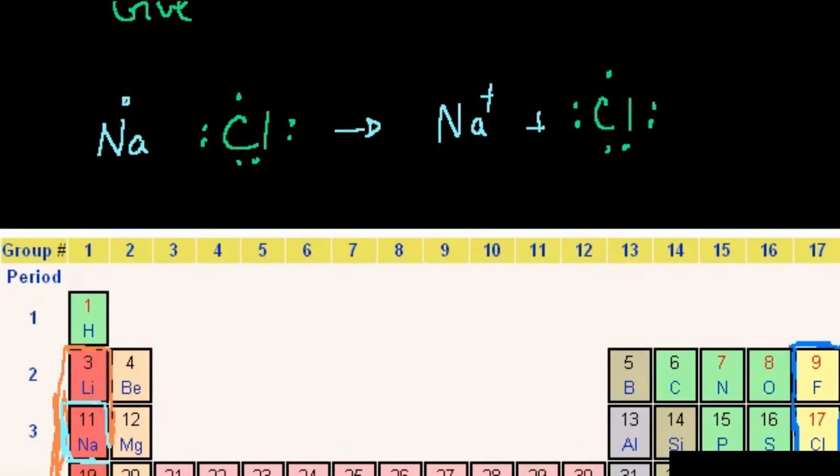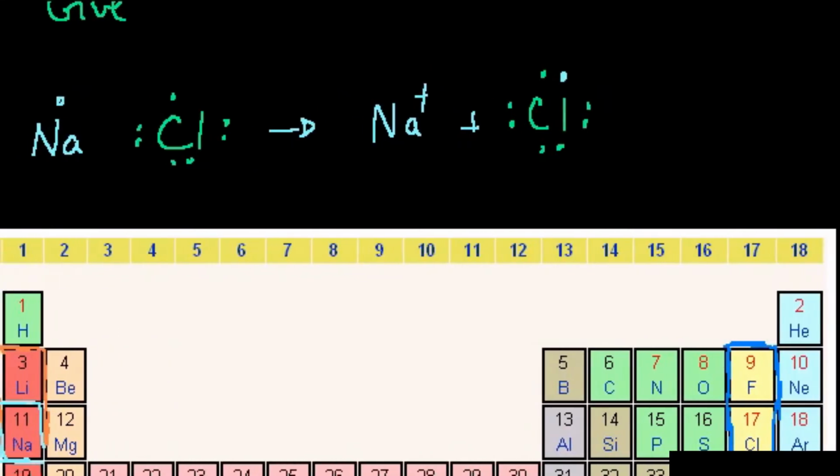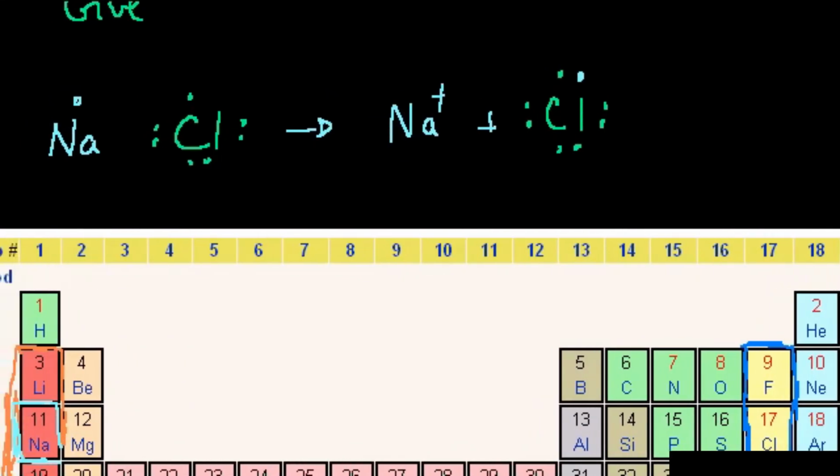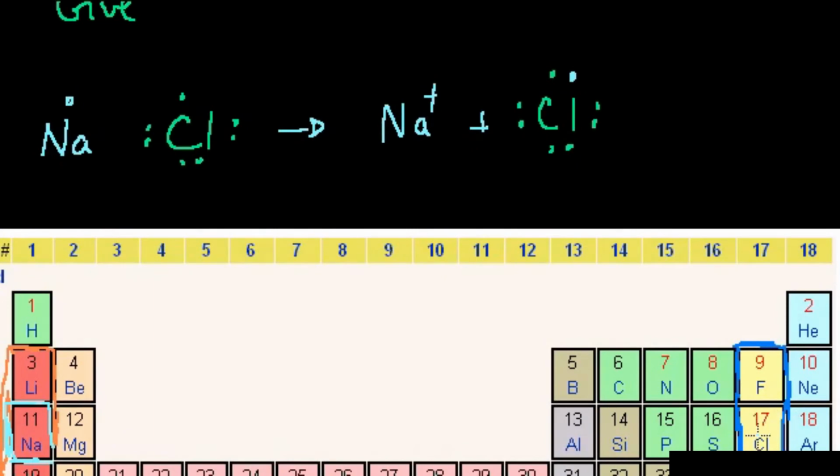That electron had jumped onto the chlorine. So now it's happy. It looks a lot like argon now. It has a completely filled valence shell. And what's the charge now? Well, it has 1 more. Now it'll have 18 electrons instead of 17, right? So what is this charge now? It has 17 protons, 18 electrons. It has a -1 charge.